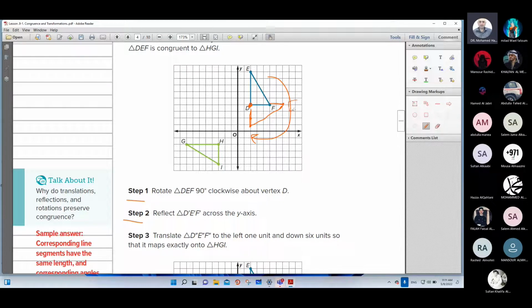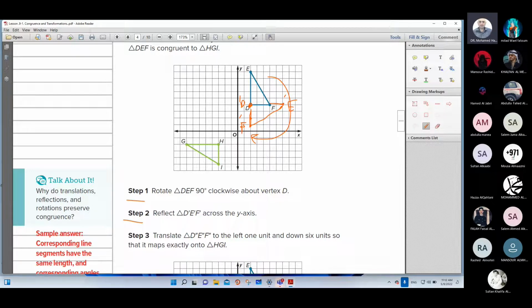Here we have D prime. This is D and D prime at the same time, and this is F prime. When you do rotation, you will get this triangle. And what is the relation between this triangle and this triangle? We have reflection about the y-axis.